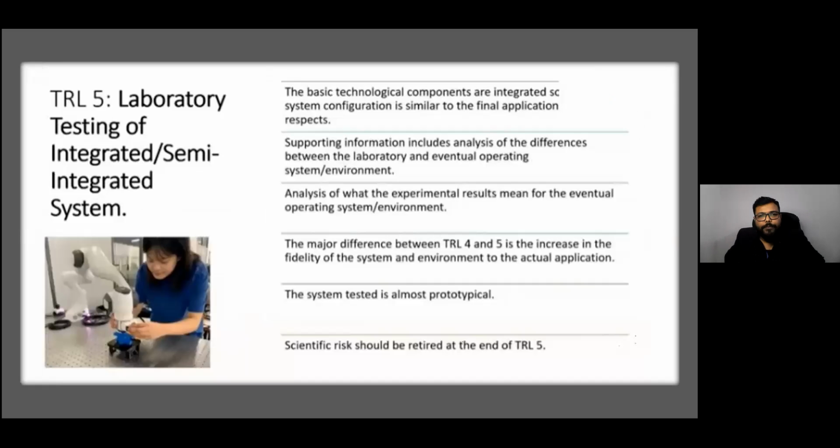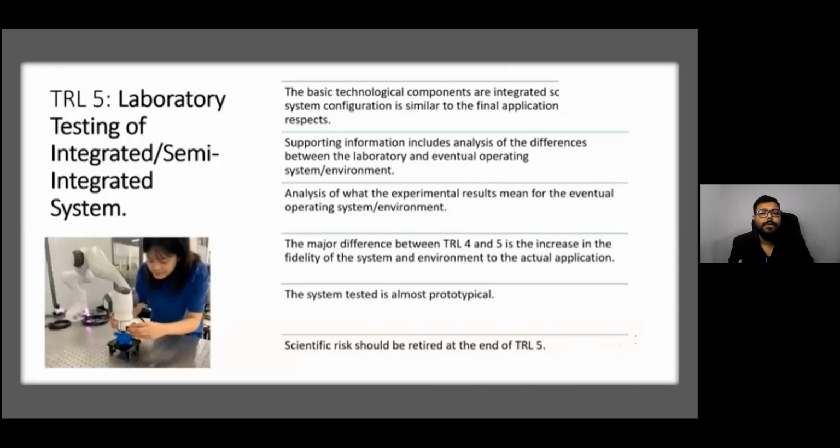Now the fifth one is basically, after this small development, we need to integrate all those things. So here we need to assemble. These 4 and 5 are the same thing. The major difference between 4 and 5 is the increase in the fidelity of the system and environment of the actual application. In 4 also we are doing the same, but here we are refining things.